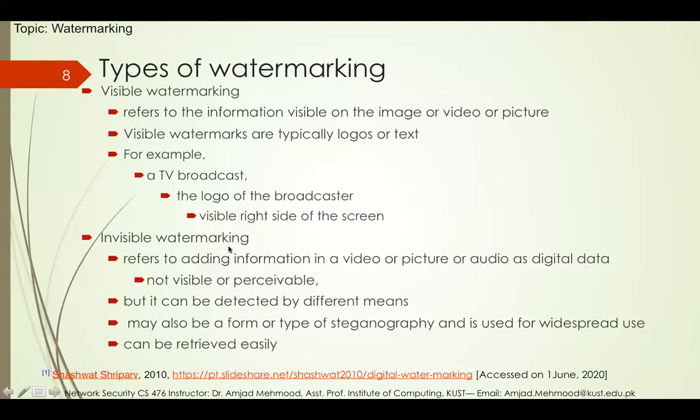Whereas invisible watermarking refers to adding information in a picture, audio, or video that is not visible or perceivable, but can be detected by different means or different software. It may be used as a type of steganography and can be retrieved easily.